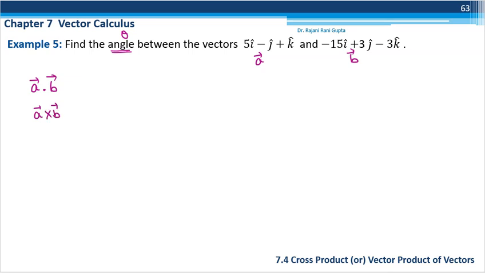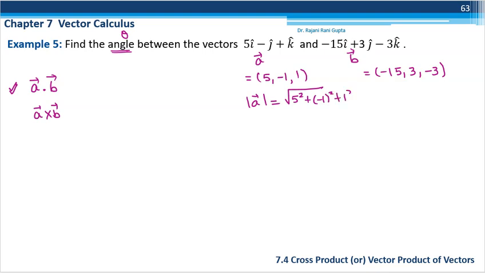If you have a choice to select from the scalar dot product or the vector product, always go for this. Because in this case, you have the components 5, minus 1, 1. You have the components here, minus 15, 3, minus 3. In both the rules, you need magnitude, correct? So, fine. Magnitude of A: 5 squared plus minus 1 squared plus 1 squared, so this is 25 plus 1, 26, and 27.